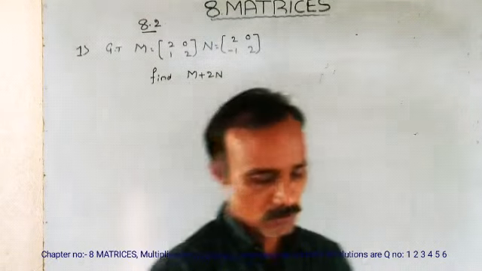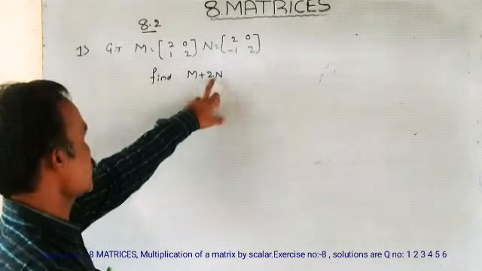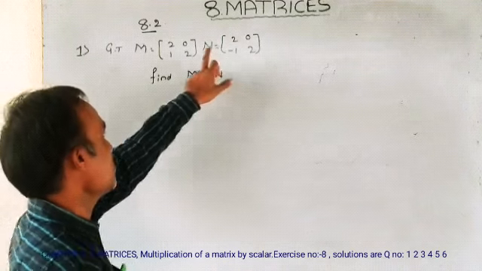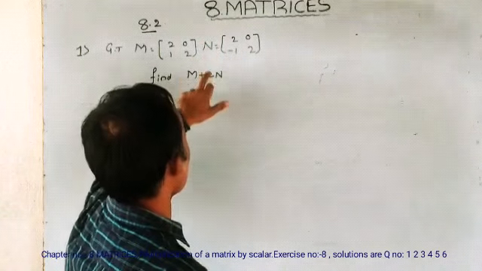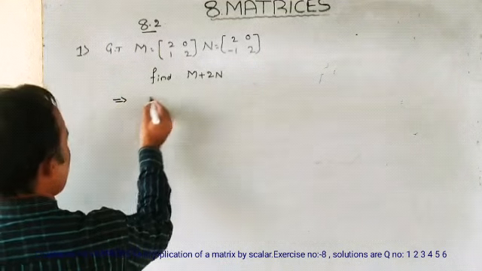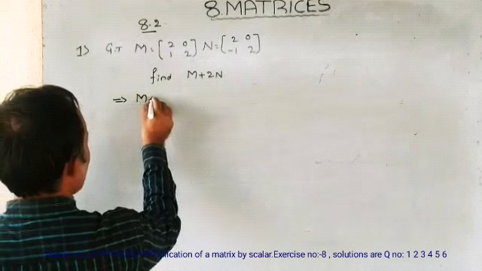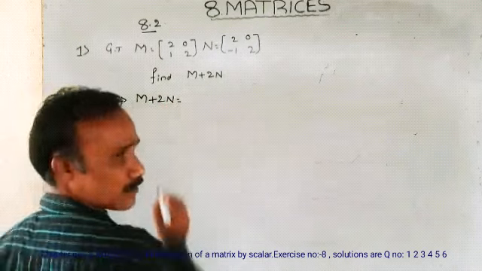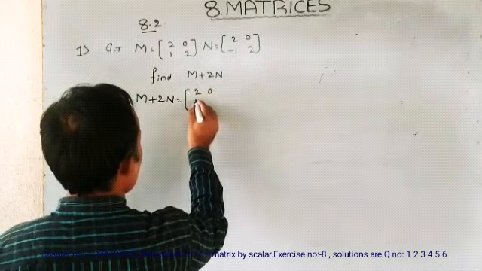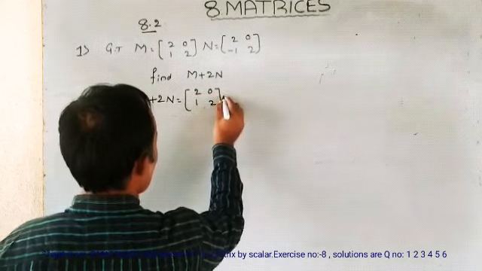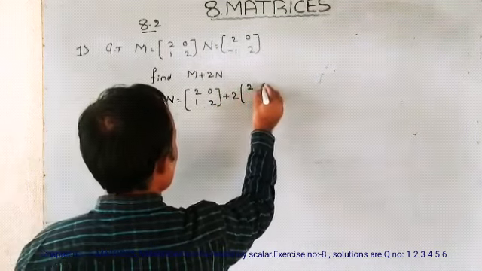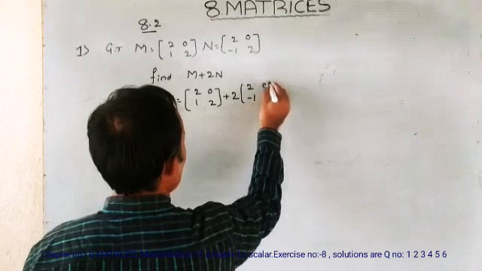That's very simple. Before finding the sum, first find the value of 2N. 2N means multiplication of a matrix by a scalar, so you have to multiply all the elements of matrix N by 2. So our solution: M plus 2N is equal to the matrix M, 2, 0, 1, 2, plus 2 into matrix N, 2, 0, minus 1, 2.